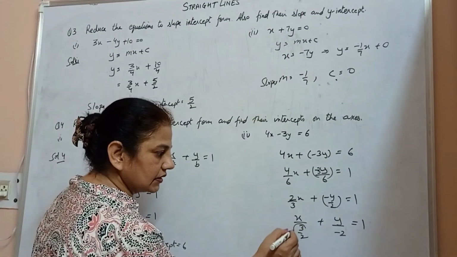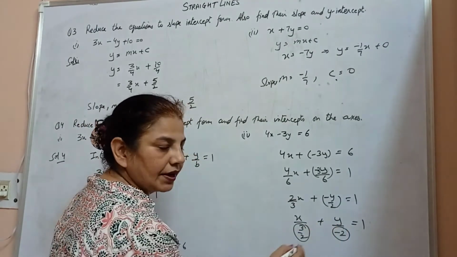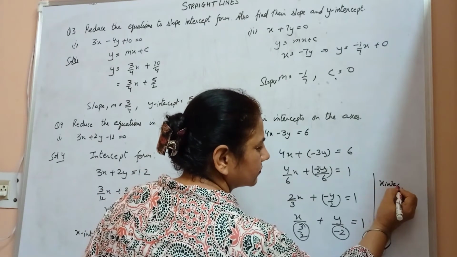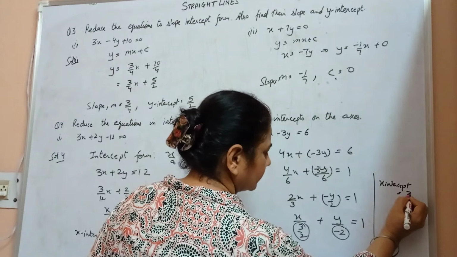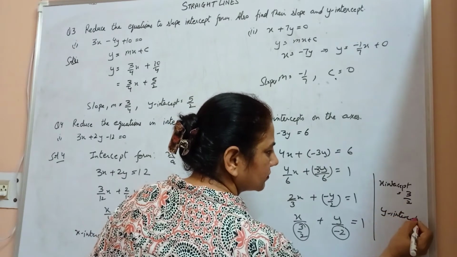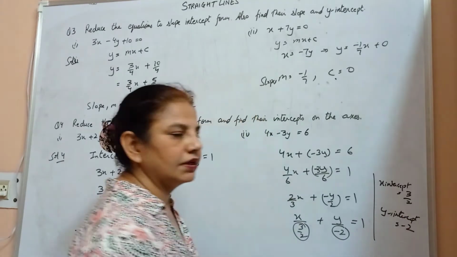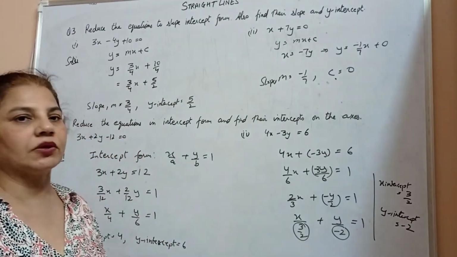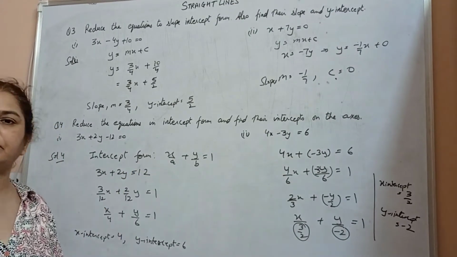Now here this is the x intercept and this is the y intercept. X intercept is 3 by 2 and y intercept is minus 2. We have to reduce the equation in the form of x by a plus y by b is equal to 1.